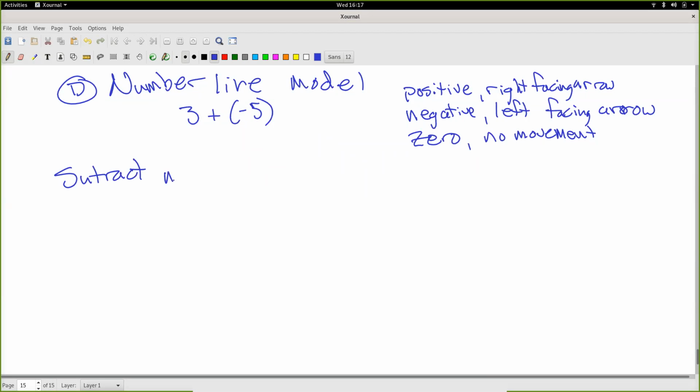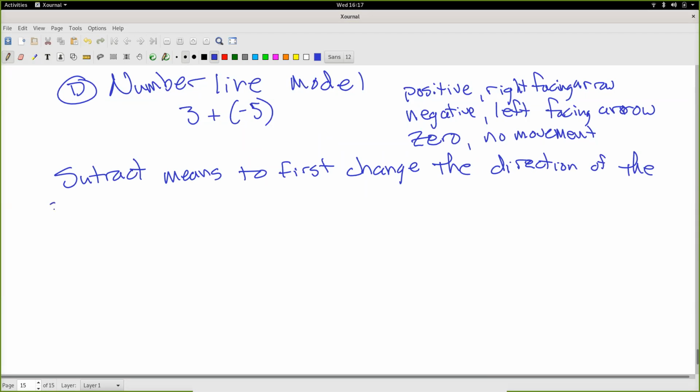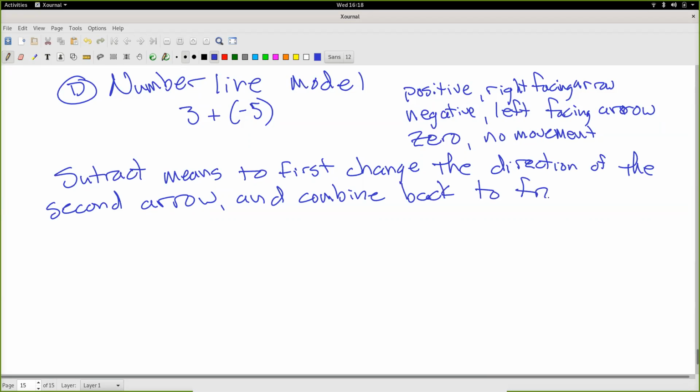Subtract on a number line means to first change the direction of the second arrow, and then combine back to front, starting at 0.